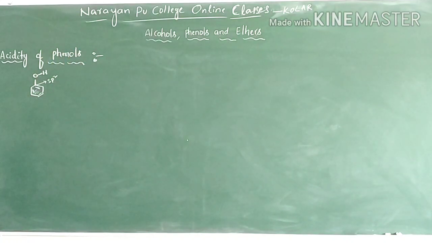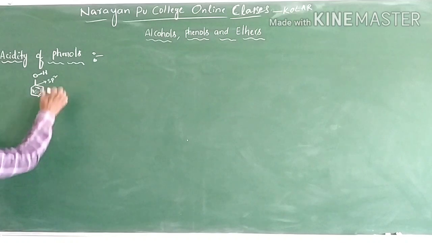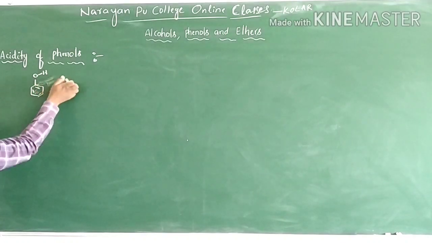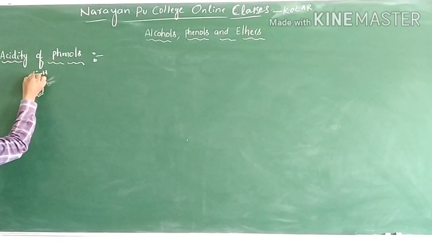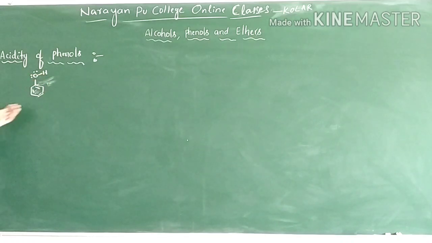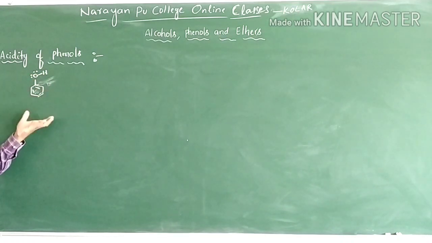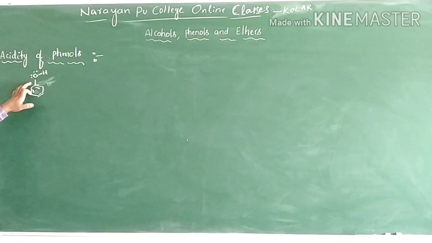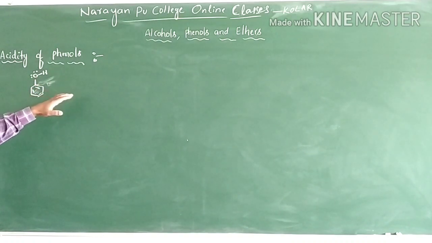That is one concept. Another one: oxygen has a lone pair of electrons, and the benzene ring acts as an electron withdrawing group. It withdraws electrons from the benzene and is involved in resonance, giving different resonance structures.